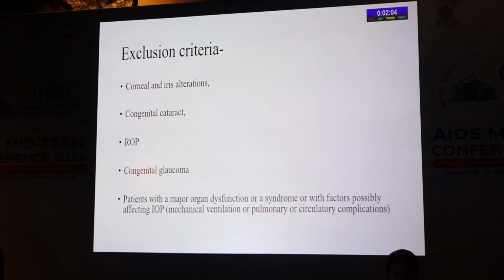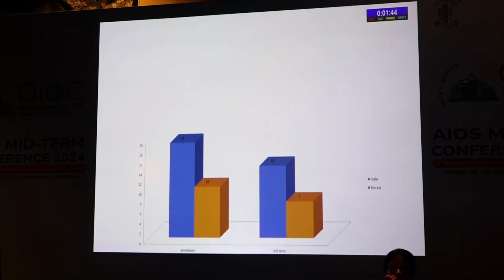Exclusion criteria include corneal and iris alterations, congenital cataract, ROP, congenital glaucoma, and patients with major organ dysfunction or a syndrome, or with factors possibly affecting the IOP, like patients on mechanical ventilation or with pulmonary or circulatory complications.